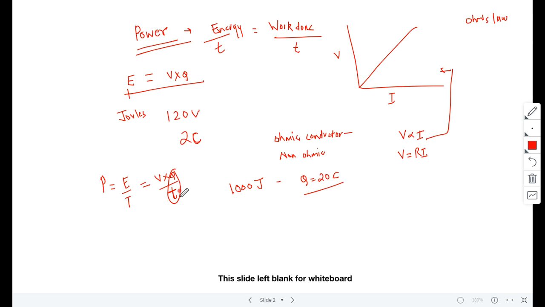What is charge over time? Q over T is current.